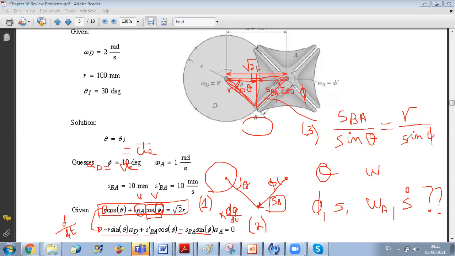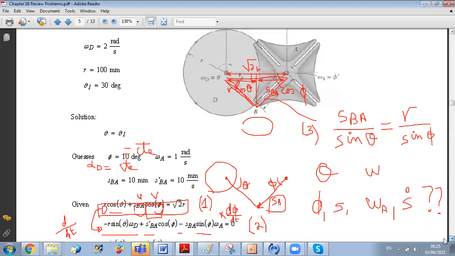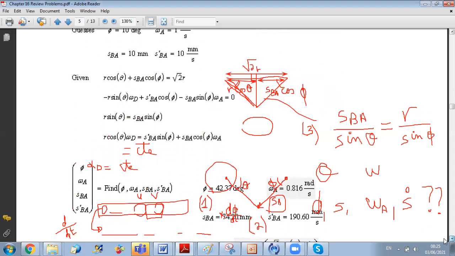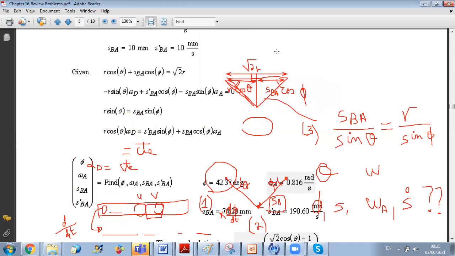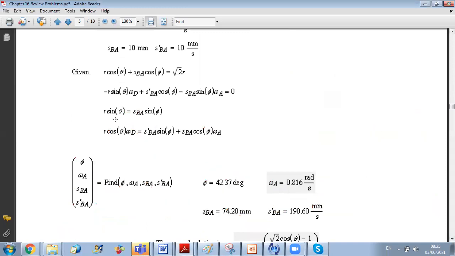Okay? So now the sine law, we will derive it with respect to time to get a fourth relation. So this is the sine law, we have r sine theta equals s sine phi. Now we will derive it with respect to time.